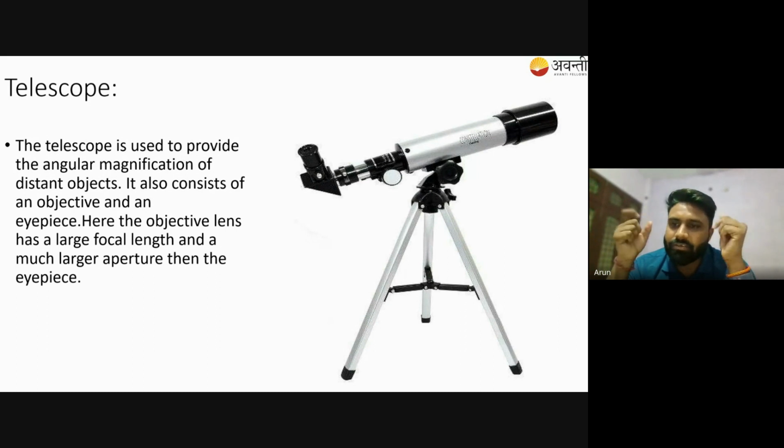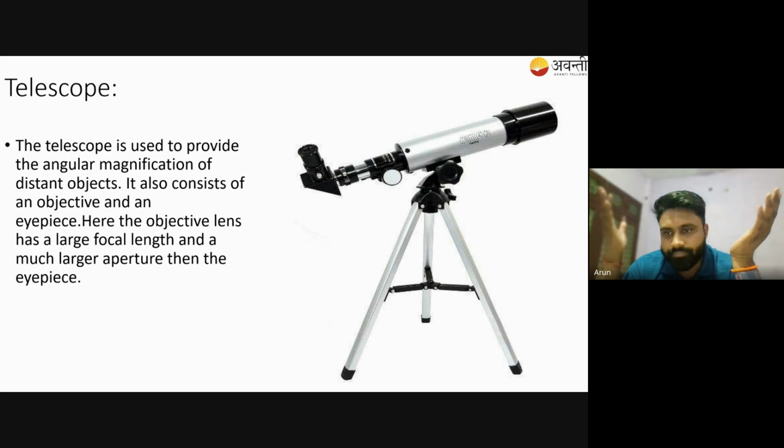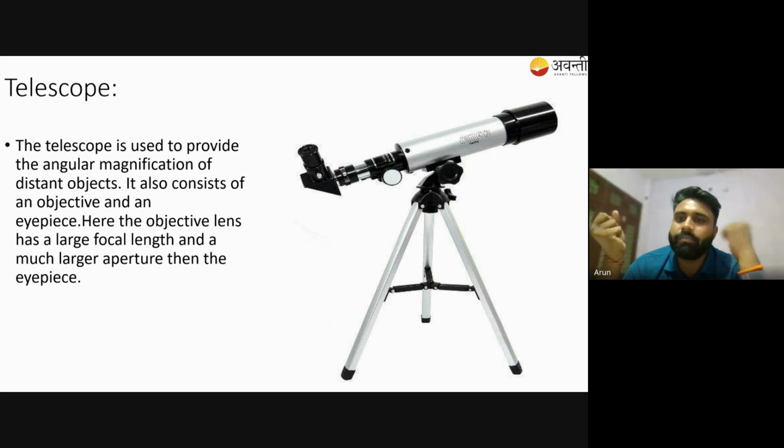The difference between a telescope and a microscope is very simple. Here, the size of the eyepiece is small and the size of the objective is large. Why is it so? Because rays are coming from a very distant object, so we need more rays for better magnification and picture quality. The more rays that come, the better the picture quality we get. So we keep the objective lens large, while the eyepiece is kept short, though not so short that we cannot view the object.